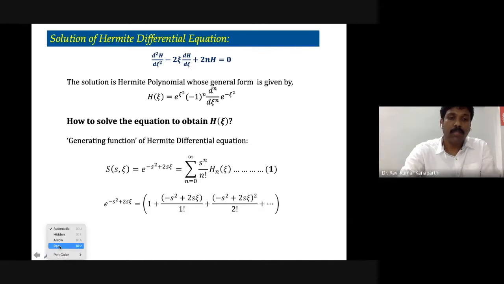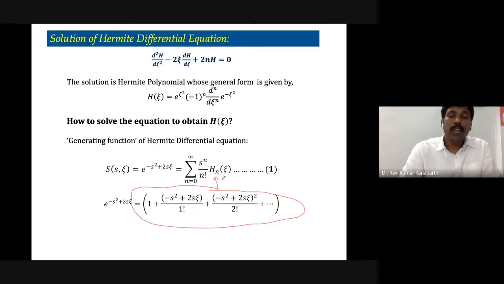That expression is sigma n runs from 0 to infinity, s to the power n by n factorial multiplied by hn of z. Please remember, hn of z is nothing but, when you combine all the s to the power n terms, they multiply with some function which contains z terms.